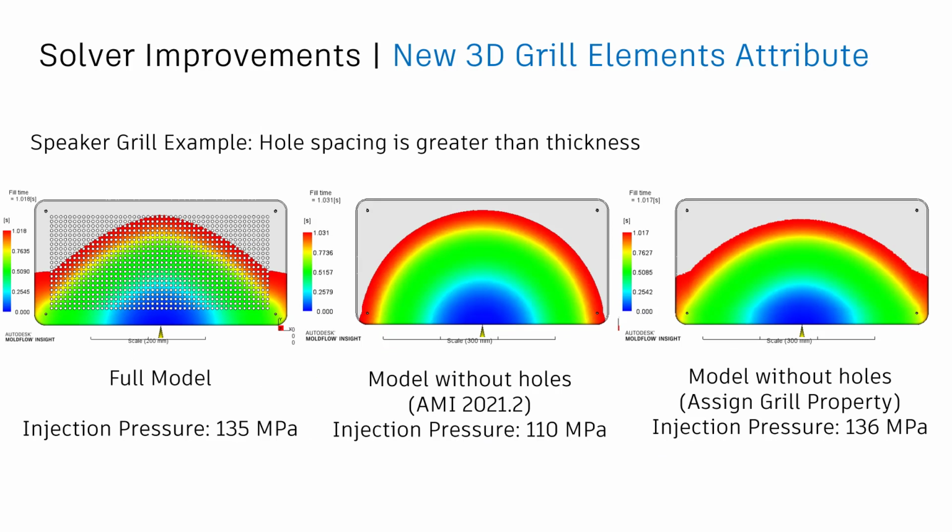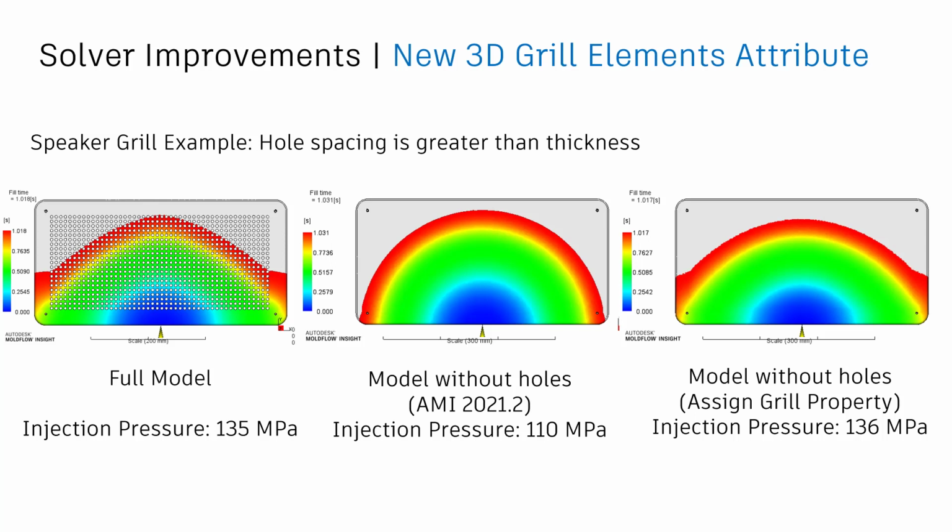And this is an experimental comparison against a full model. The model without the holes is just a plate with no holes, just meshed, and now I have assigned the grill properties to it. If you've been using Moldflow for some time, for the mid-plane elements we used to assign something called a shape factor.